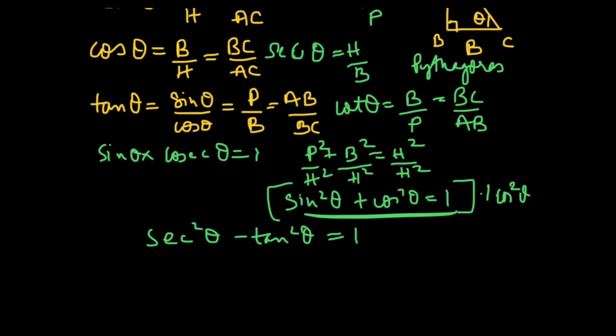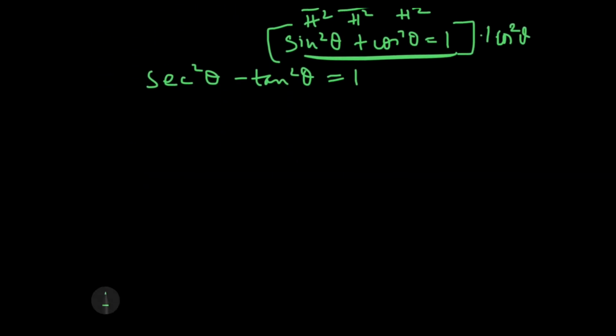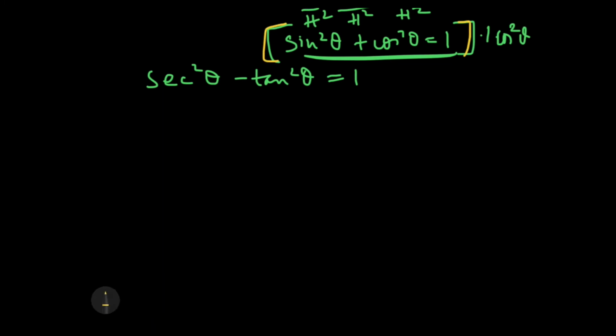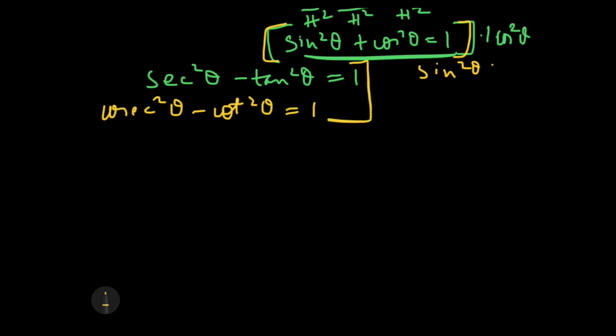Same principle applied at the bottom: if I take this formula and divide it by sin square theta, then you know what I will get? I'll get cosec square theta minus cot square theta is equal to 1, giving you two more identities to remember. So why remember? We know that if I divide, I'll get this.